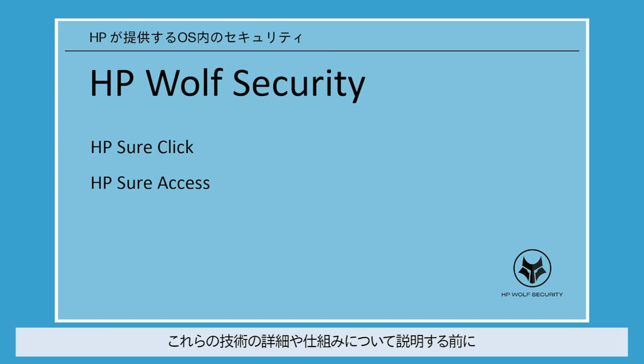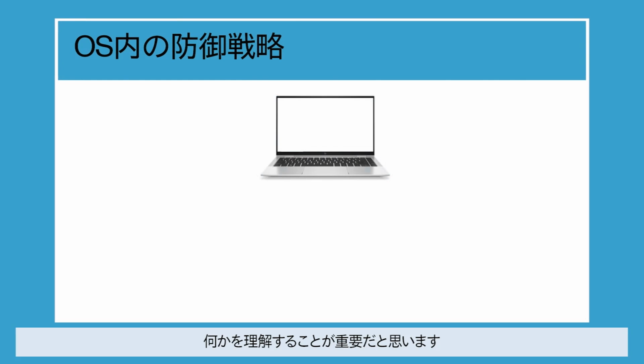Before I go into the details of these technologies and how they work, it's important for us to understand what the right strategy is that customers should take in order to protect the operating system.